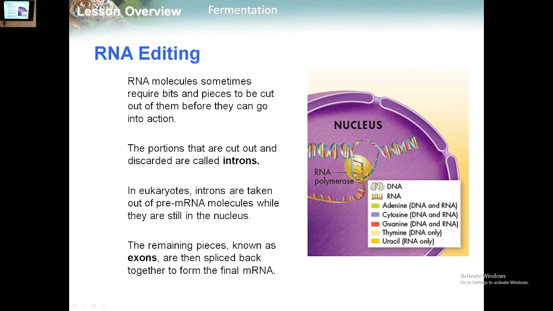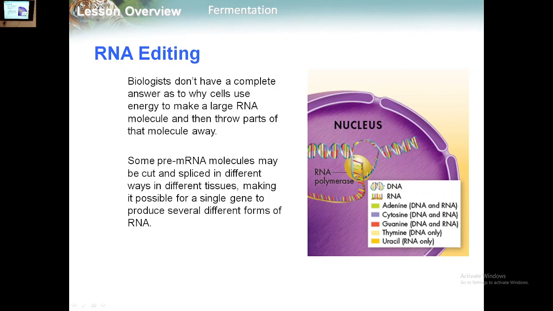These two parts of the RNA have different sequences, and we have to know that the introns are not coded for proteins, while the exons are coded for proteins. So in this process, we need to remove or splice out the introns, and the exons must remain in the RNA that is formed after the editing.